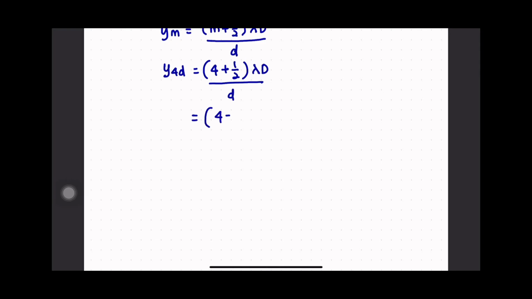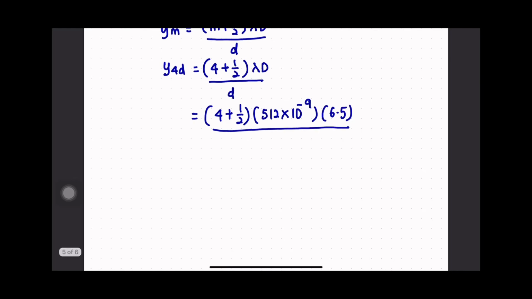Lambda is 512 times 10 to the power of negative 9, D is 6.5, and d kecil adalah distance between two slits, 2.4 times 10 to the power of negative 3.